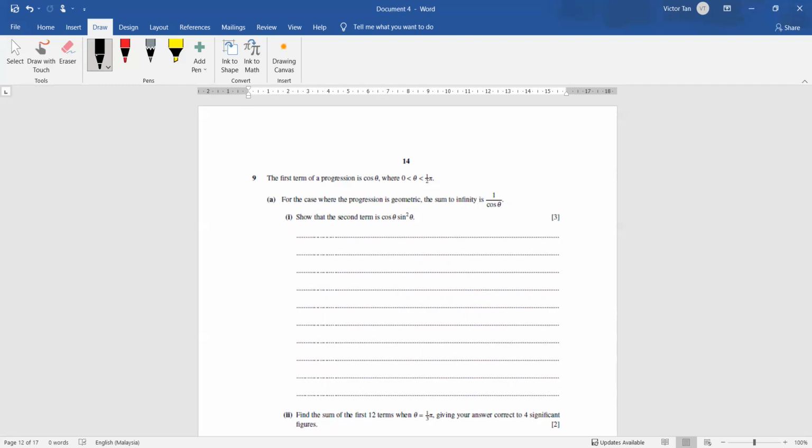So you're given the first term is cos theta. Sum to infinity is 1 over cos theta, which is a over 1 minus r. Cross multiplying, you get 1 minus r equals cos square theta, so r equals 1 minus cos square theta.